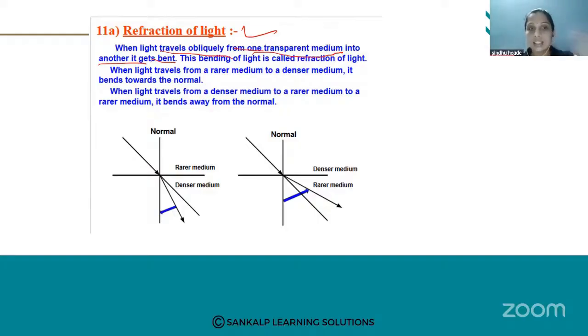That's why mainly here we consider two types of mediums. Okay, this is the definition of refraction of light. When it passes from one medium to another medium, when it enters the second medium, it gets bent. So that phenomenon is called refraction of light.